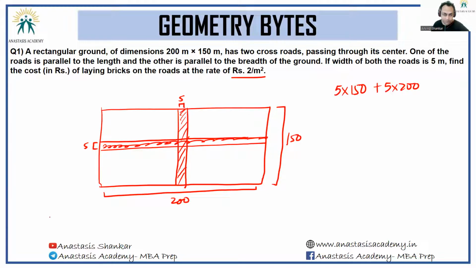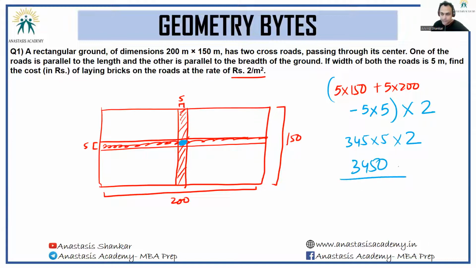The problem is the space within has been counted in both these rectangles, so it needs to be deducted: 5 into 5, the dimensions of that box. And in order to calculate the total cost I need to multiply this by 2. So finally I will have 345 into 5 into 2, or the final answer would be 3450. Final answer will be 3450.